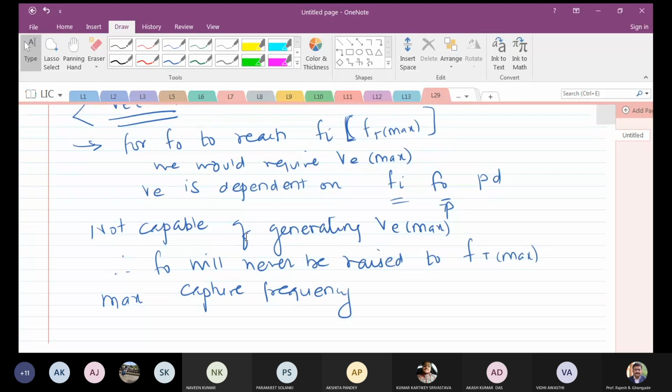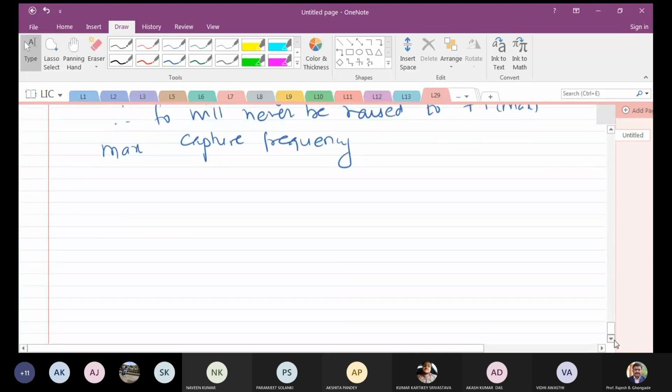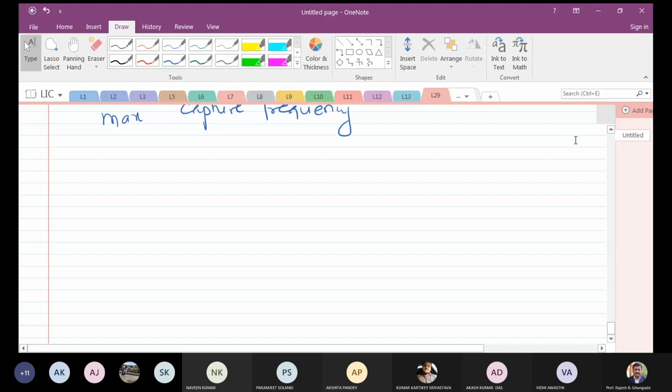The last things remaining are the applications. What exactly are the applications of this PLL? You'll see that this PLL is a very versatile kind of device. In fact, it is used for various different applications. One simple application is frequency synthesis.